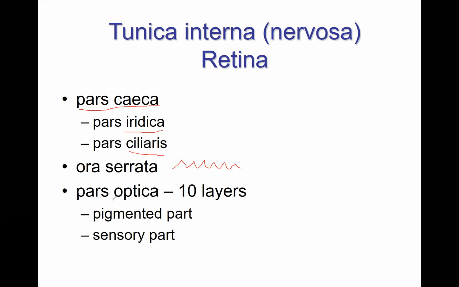And then we have the optic part, and the optic part is composed of the unilayered pigmented epithelium. So one layer of the cuboidal pigmented cells, and then another layers forming the sensory part.